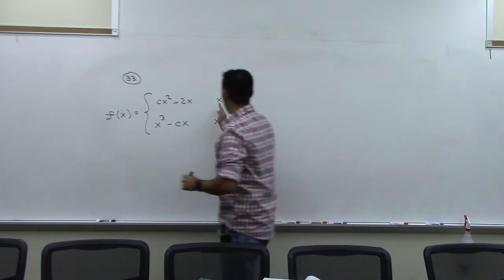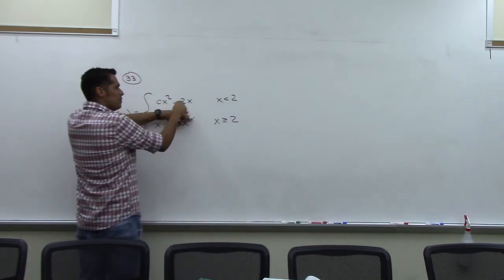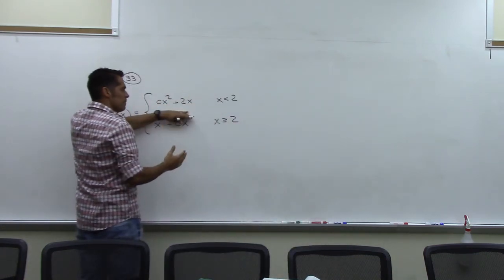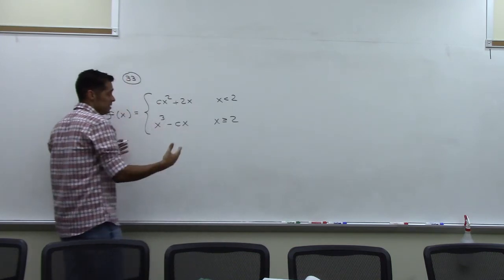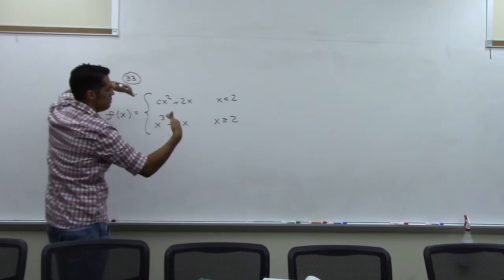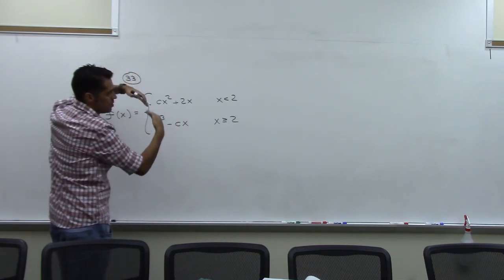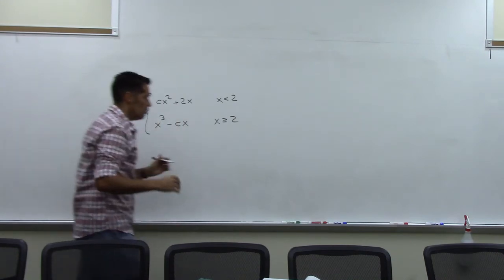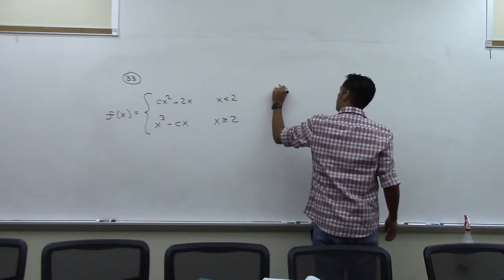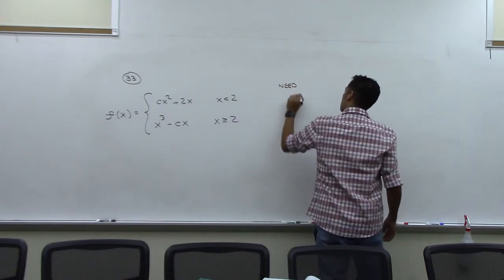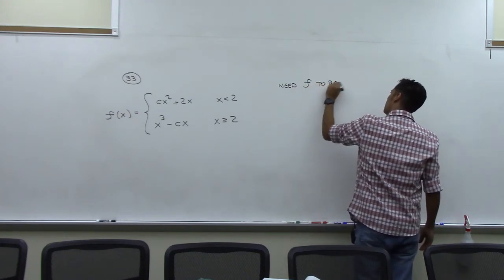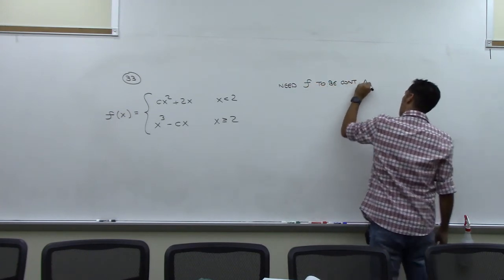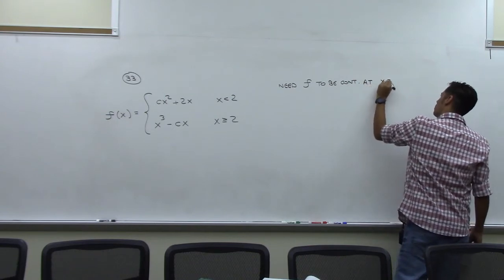See, because we know to the left of 2, it's this, and that's a polynomial, and that's always continuous. We know that down here to the right of 2, it's a polynomial, and it's always continuous. So we do have 2 continuous pieces. We just have to put them together so that there's not a jump. So I need f to be continuous at x equals 2.